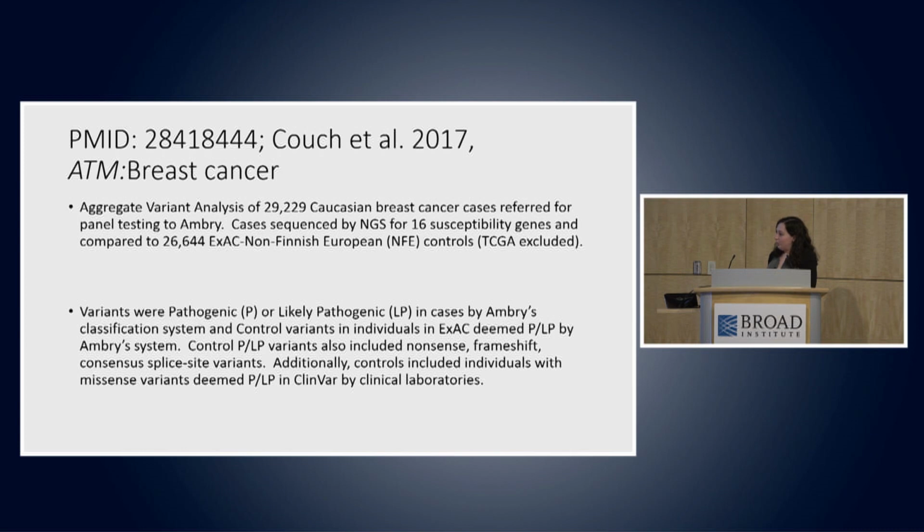And the variants were pathogenic or likely pathogenic in cases, and the control variants that were identified also deemed likely path and path by Ambry systems, so they were kind of just looking at pathogenic and likely pathogenic variants. Control path and likely pathogenic variants also had all of these different loss of function variants that are suspected to be pathogenic.